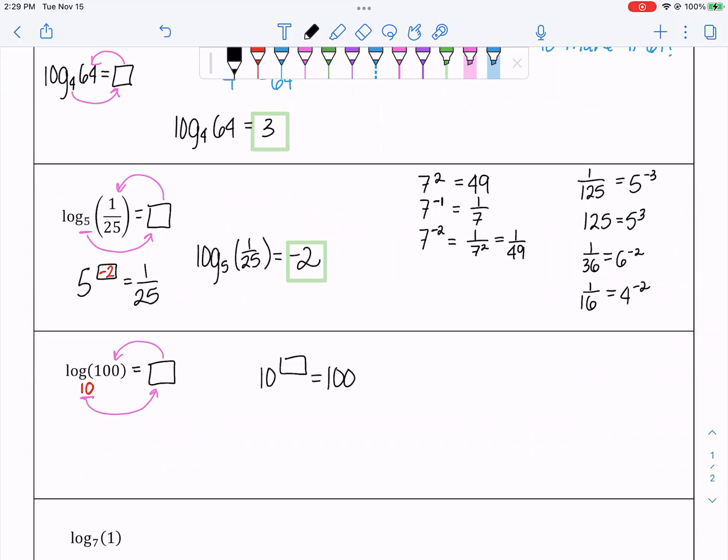Well, the answer is 2. 10 squared gives us 100. So the answer is 2. 2 is what went into that box. Log of 100 is 2.